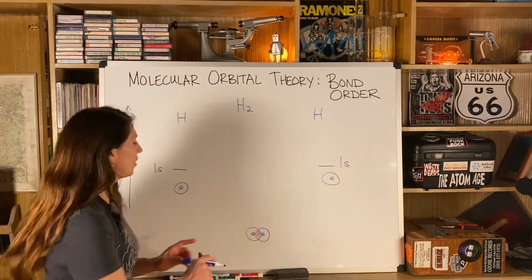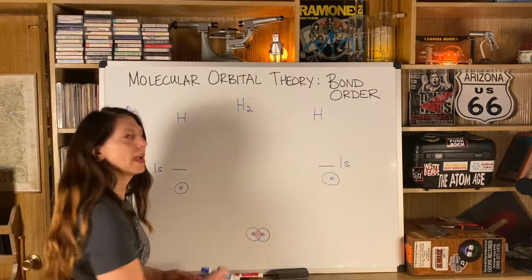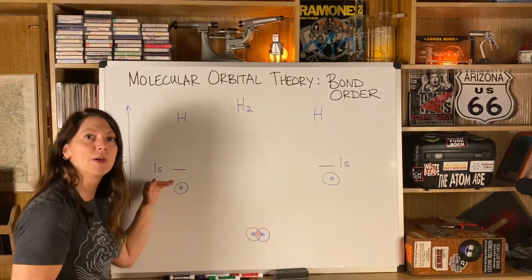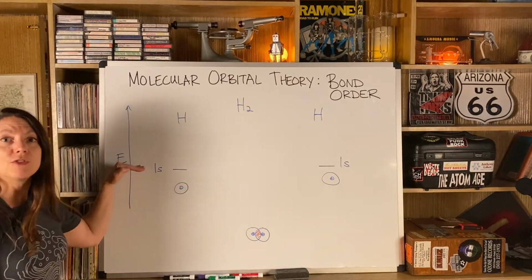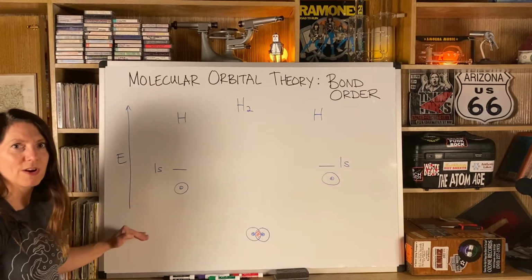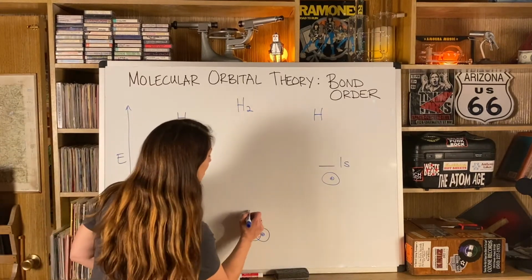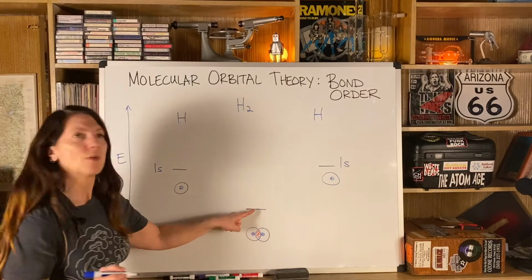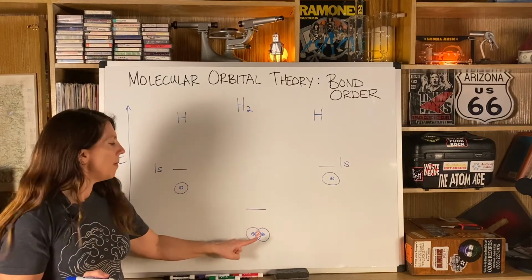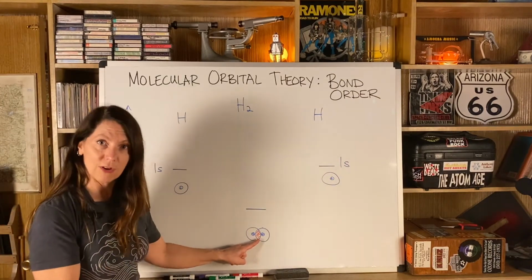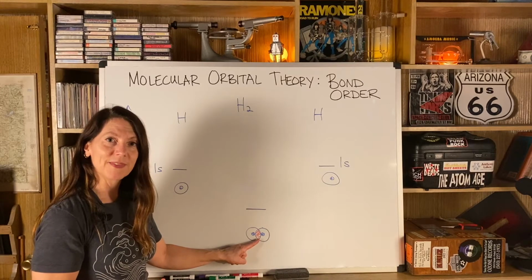So this particular molecular orbital that's been created is nice and stable. And remember what we said about the energy? More stable, lower energy. Okay, so we have a molecular orbital that has been created by the overlap and constructive interference of those electrons, okay?